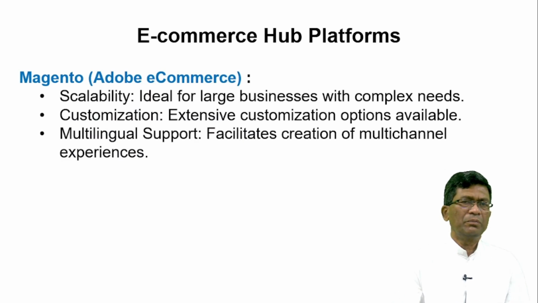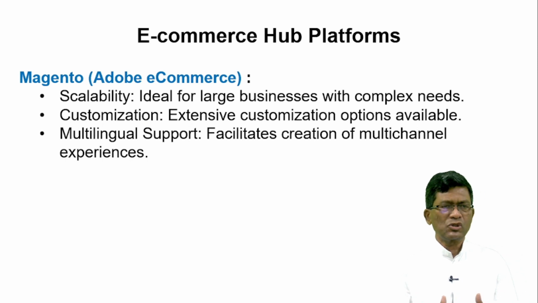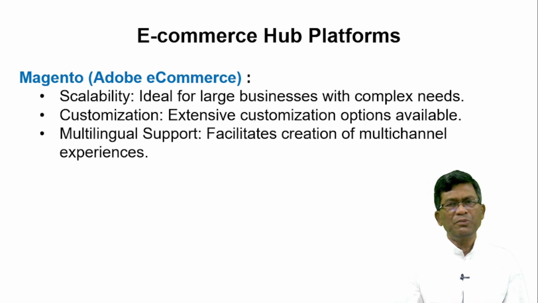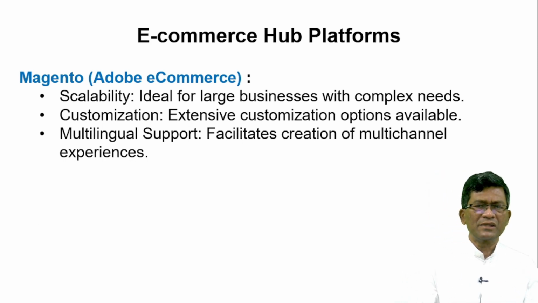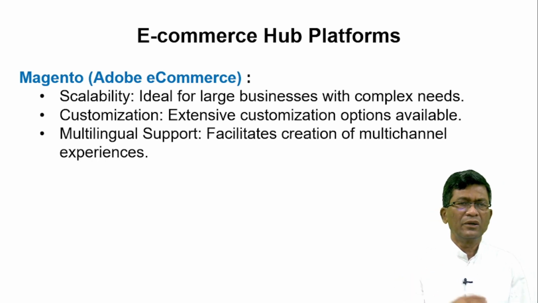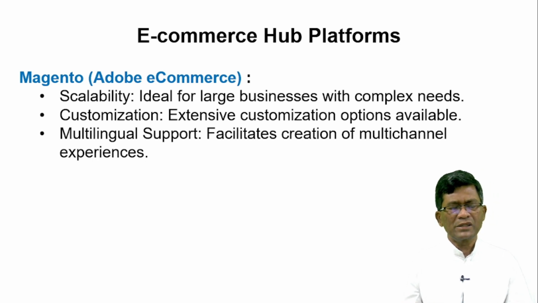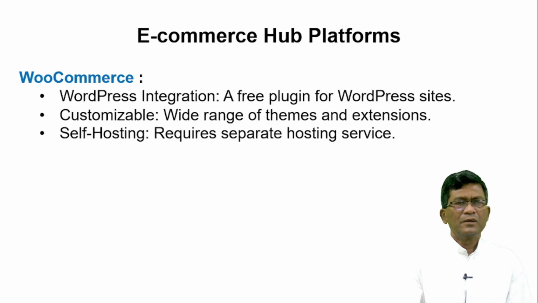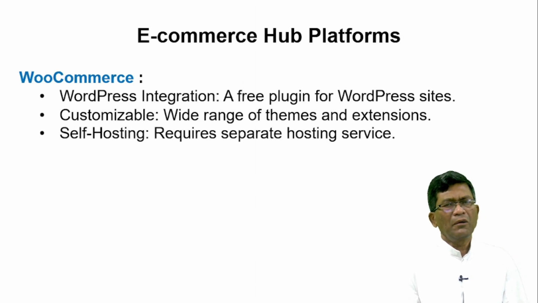The other important platform is Magento. It is Adobe's e-commerce tool, they say. It is meant for large businesses with a lot of complex needs, and it allows a lot of customization. As per the need, you can customize this platform, and it provides support for multiple languages and various channels. Another hub platform is WooCommerce.